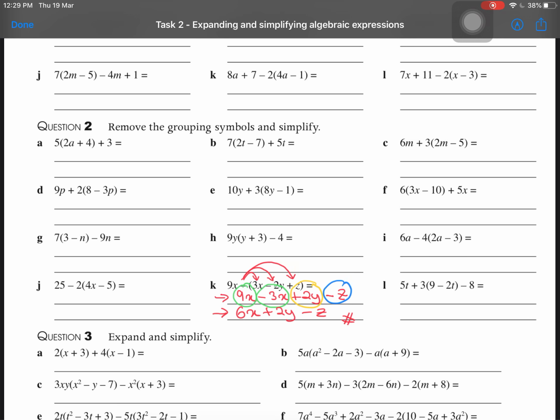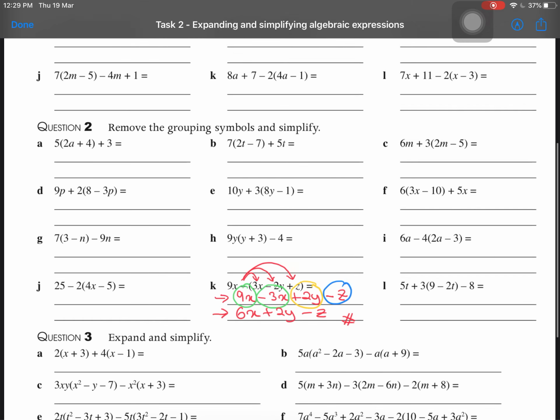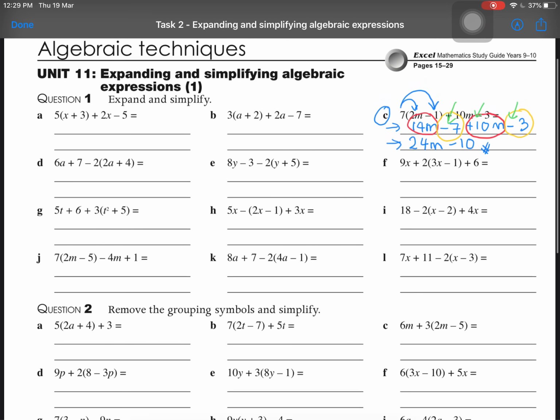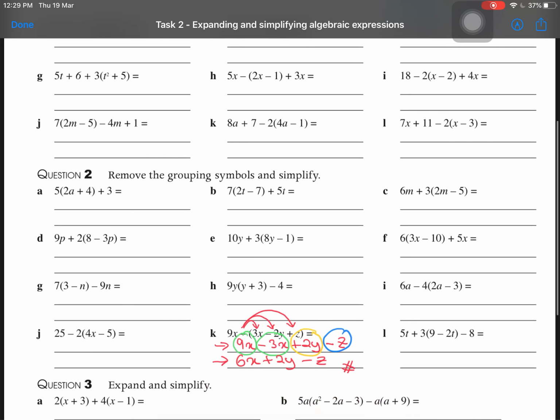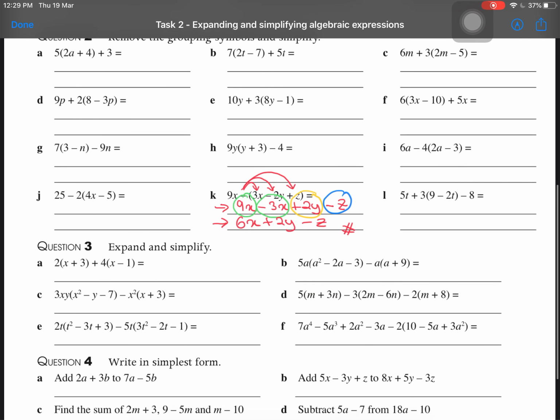Okay, so always group the terms that are the same, make it visible so that you won't get things mixed up, because as you can see, it started off with a very simple question from section 1. Section 2, you have a variation of negative and positive here and there.